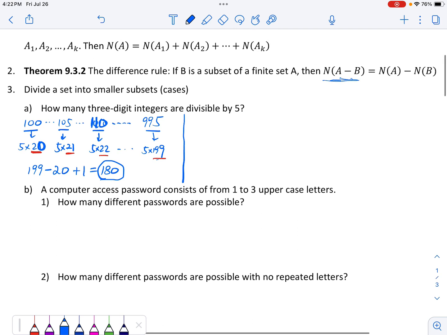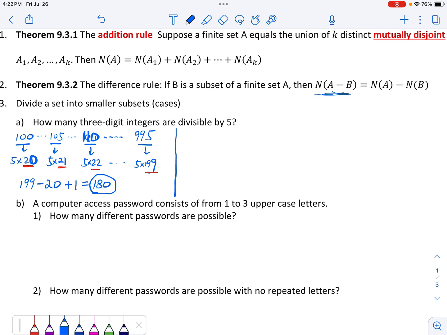Now today, because we introduced the addition rule, we want to come up with a way to divide all these 3-digit integers into subsets that are mutually disjoint. The numbers that are divisible by 5 end with either 0 or 5. So you have 2 sets.